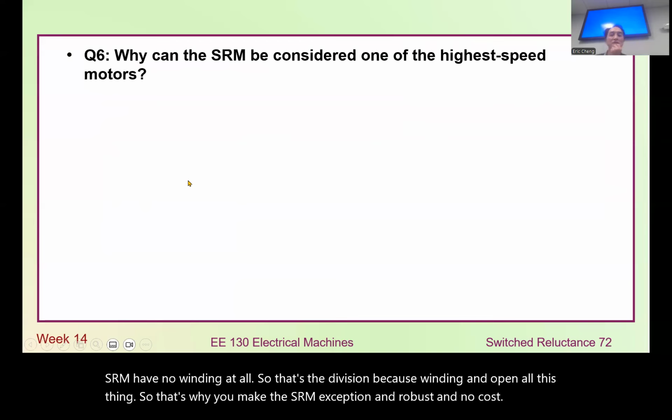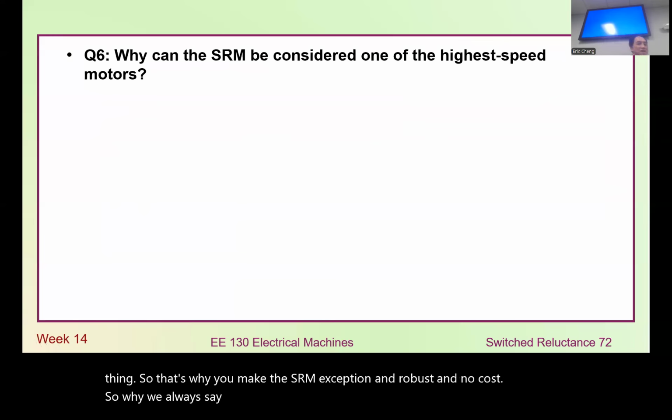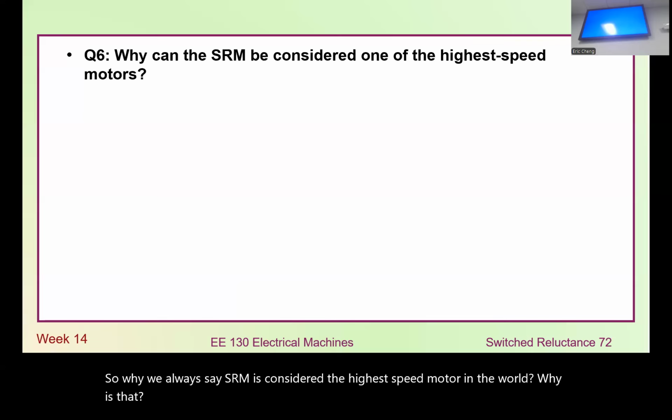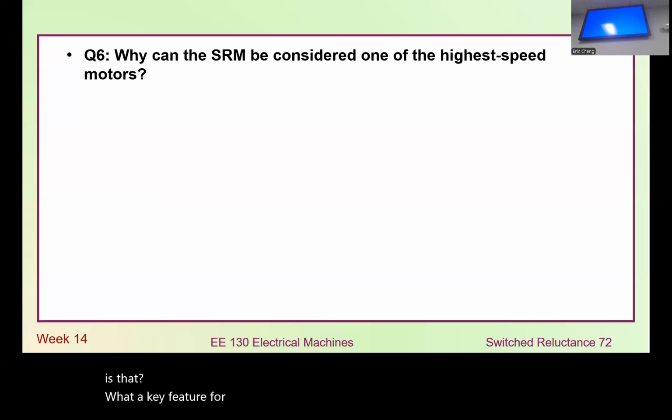So why do we always say SRM is considered the highest speed motor in the world? Why is that? What's the key feature for the motor to become highest speed? Because the torque is always there.